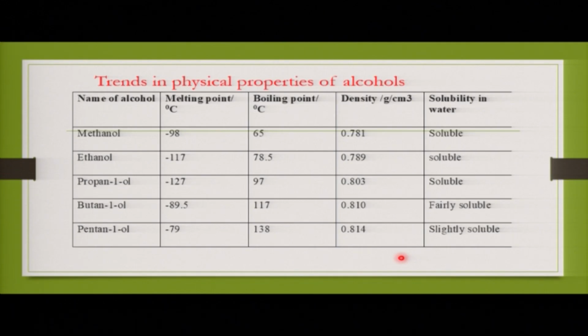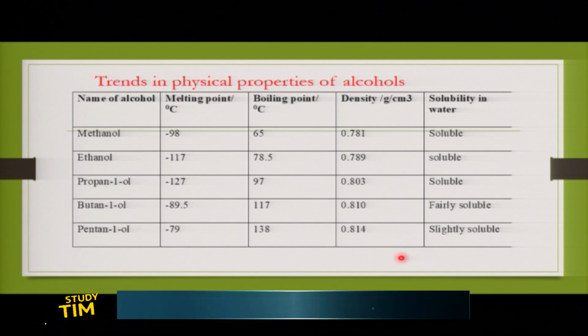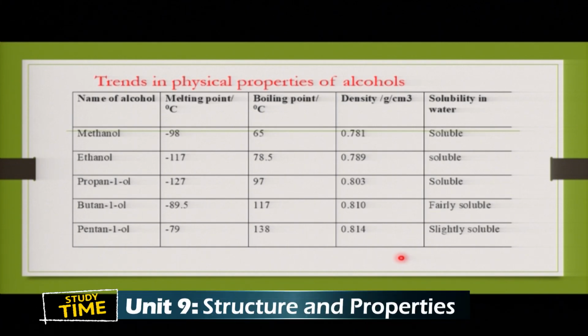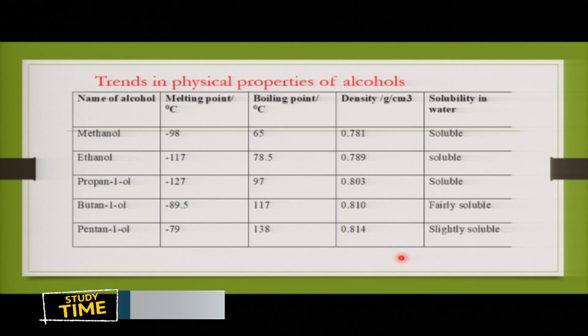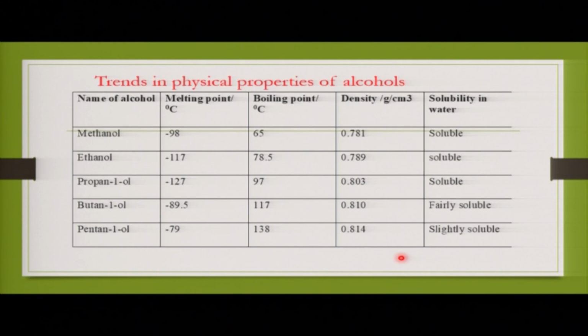So these are things that you need to remember that we have talked about. You need to remember the functional group of these alcohols, the general formula of these compounds, and how these compounds are named. Remember, we have said that they all have the same functional group, which is OH.